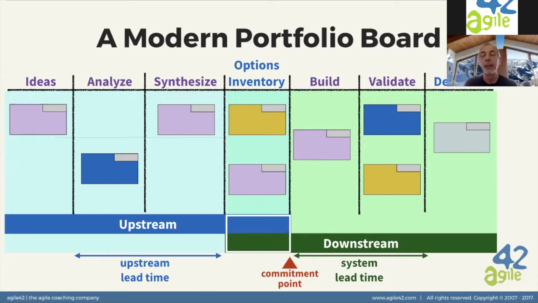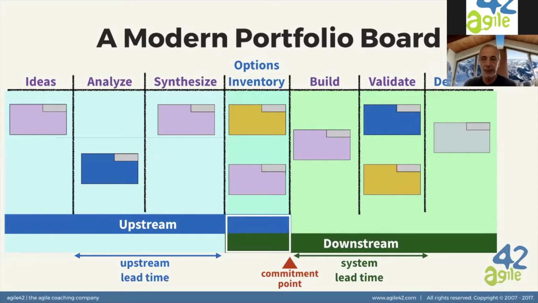The part from ideas through analysis and synthesization until we reach a moment when we say, okay, this we want to do. And so an initiative reached the options inventory stage. On the right, we have the delivery part, what we call downstream portfolio, where execution takes place and we build, validate, and finally our initiatives are accepted.